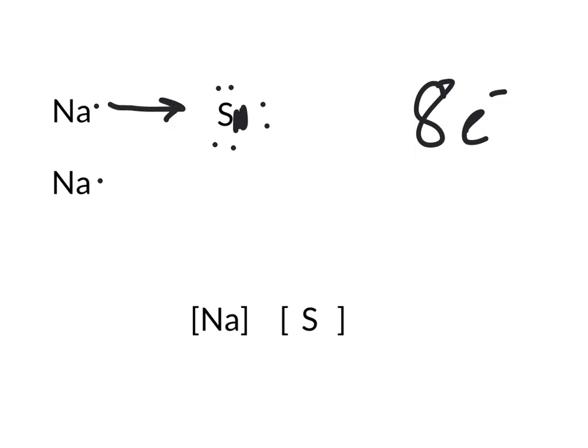Sodium's going to give one of its valence electrons here. Sodium's going to give its other valence electron here. So sodium, there are 2 of them, and they each have a +1 charge because each sodium gave 1 electron away, while sulfur accepted 2 electrons, so it is a -2 charge.